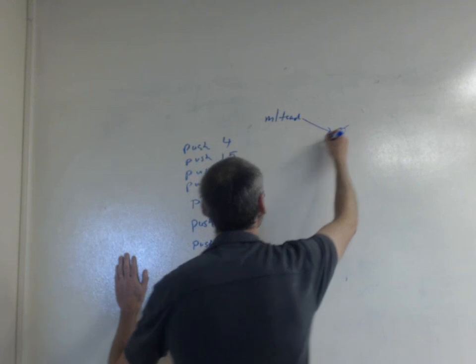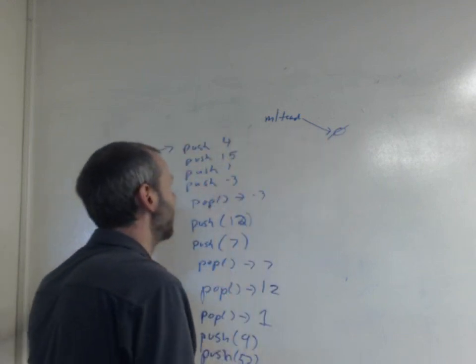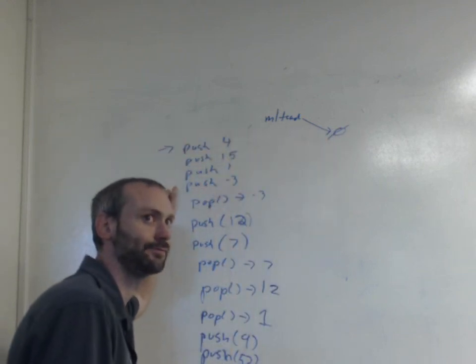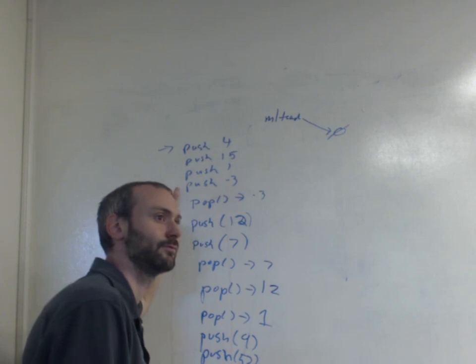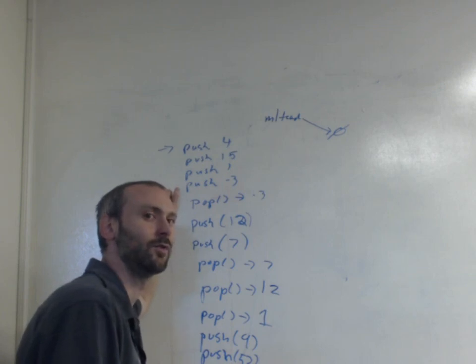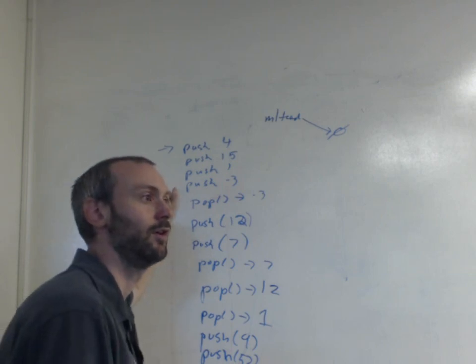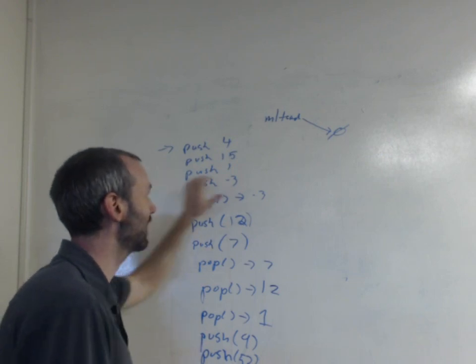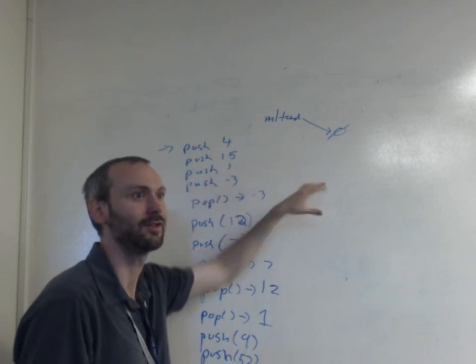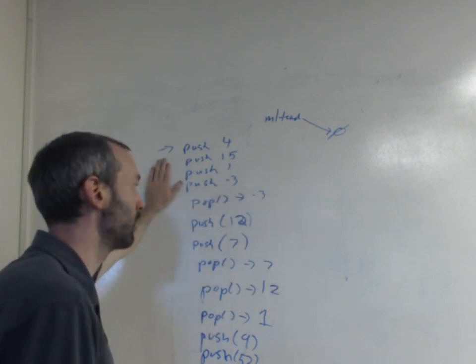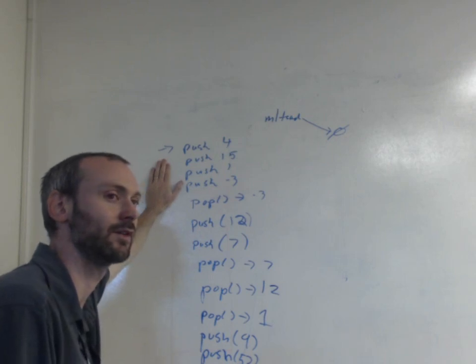So I was using mHead, it currently goes to null. When we go right here, what do we do? We're implementing a stack via a linked list. So we're going to push 4. What's the first thing we do?